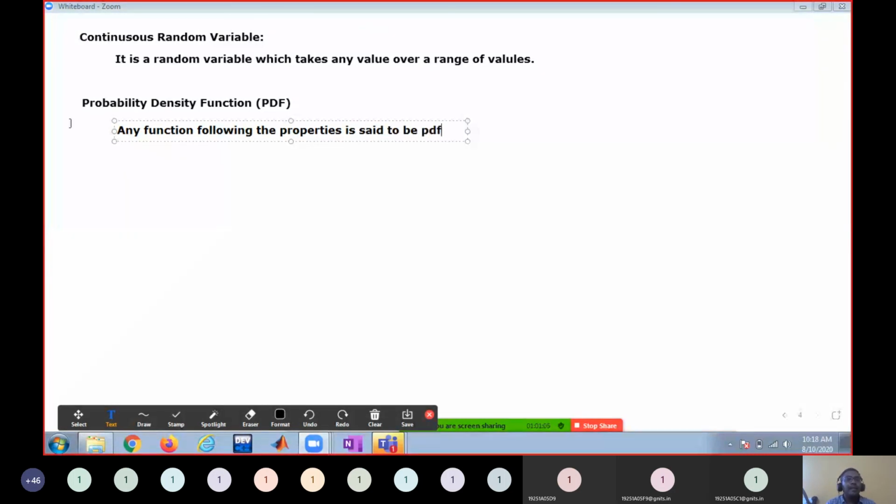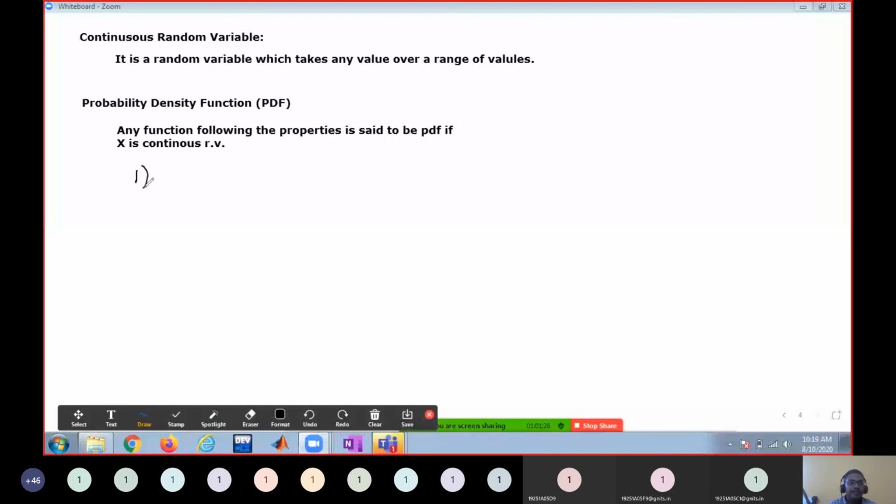Okay, properties. If X is a continuous random variable, what are the properties?